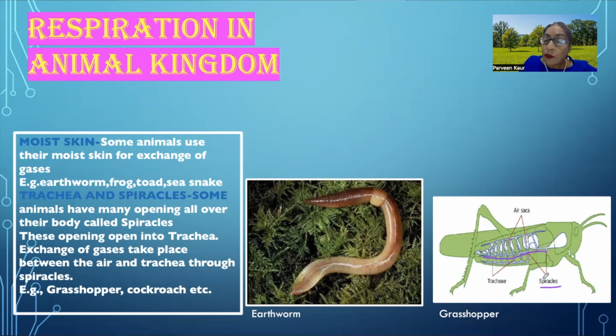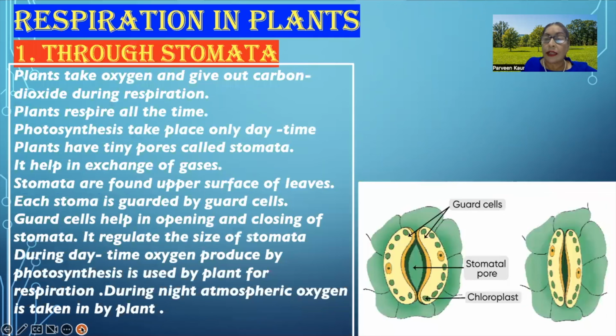So what do these spiracles do? They take oxygen and send it into the trachea. Then from the trachea, carbon dioxide moves out of the body through the spiracles. In this way, exchange of gases takes place in insects like grasshopper, cockroach, etc.